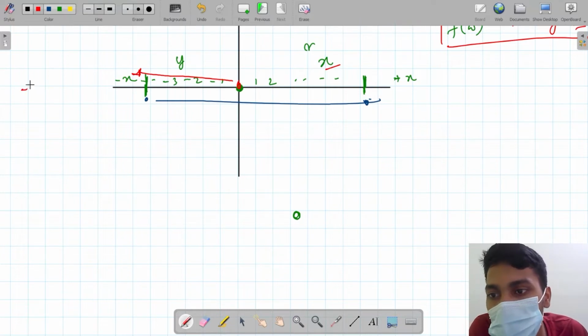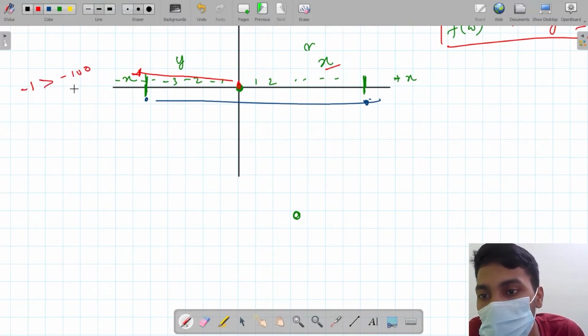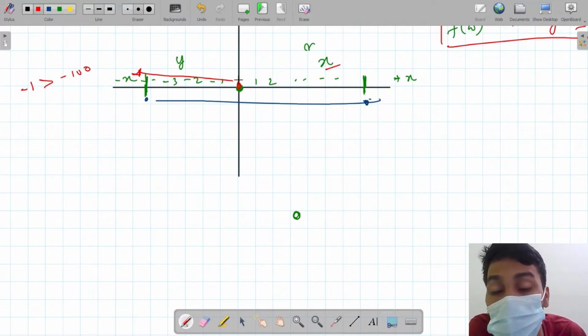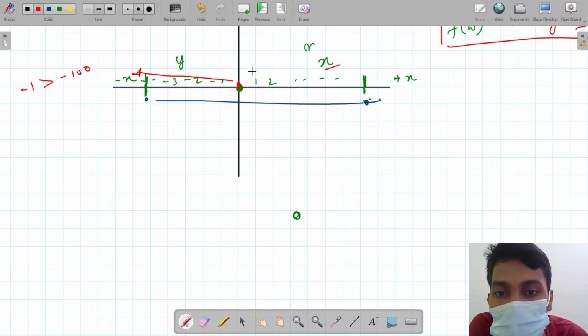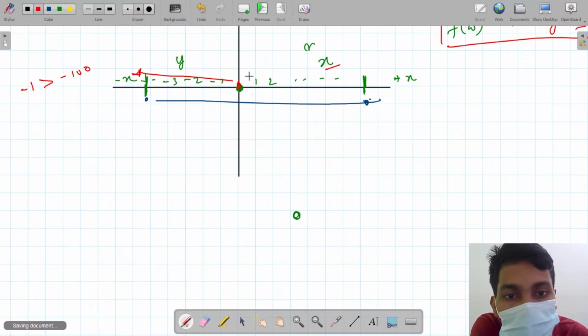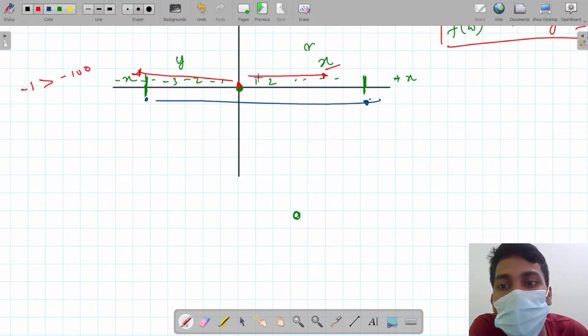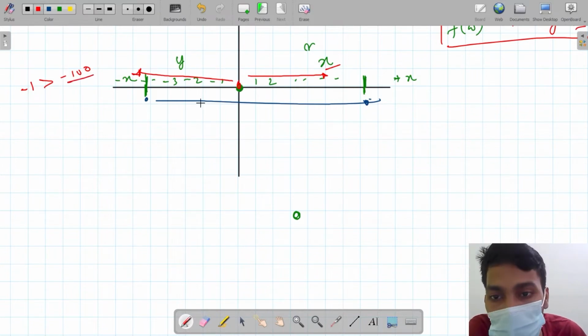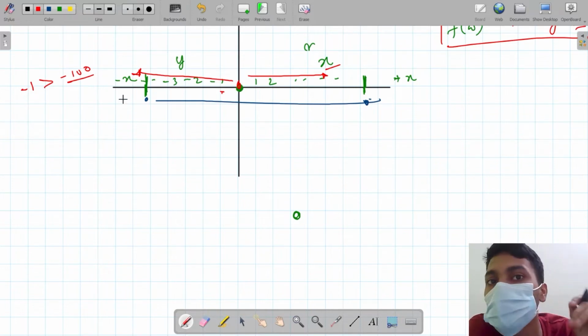We know that minus 1 is greater than minus 100. So I have to find the minimum distance on the Cartesian plane that I can travel on the left side, and I have to check the maximum distance on the right. Minus 1 is much closer to 0 than minus 100, but we want the minimum depth, that is the minimum horizontal value.